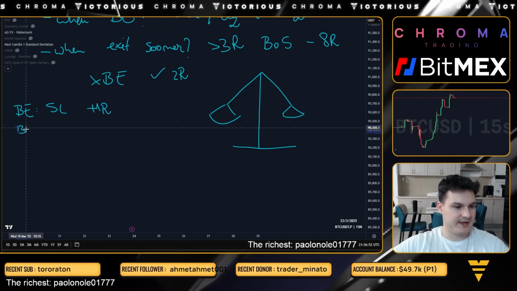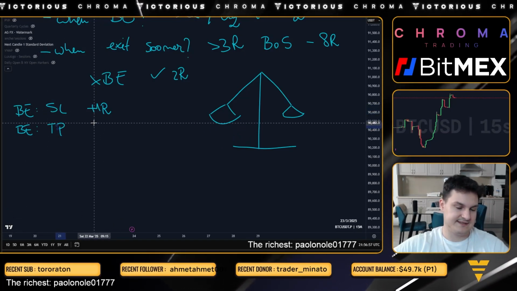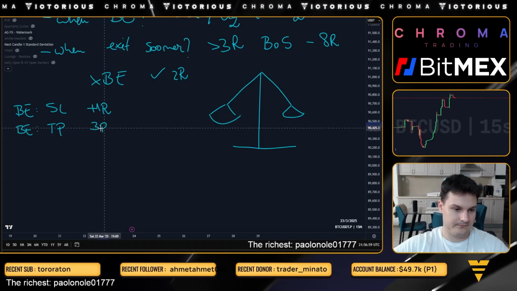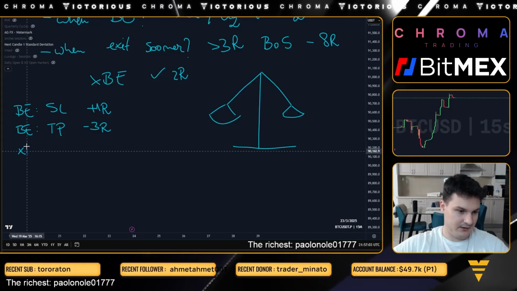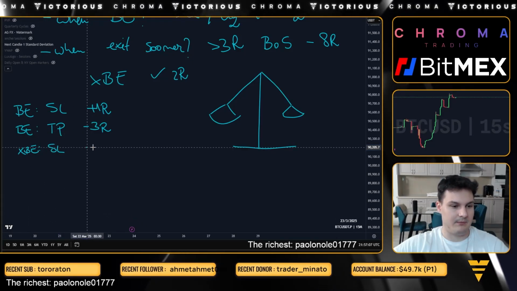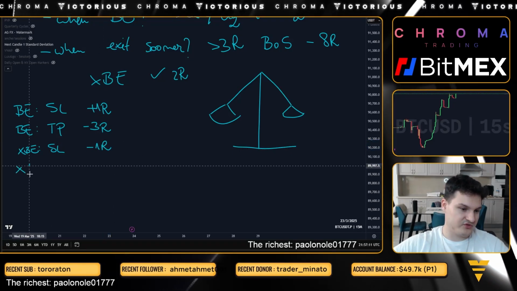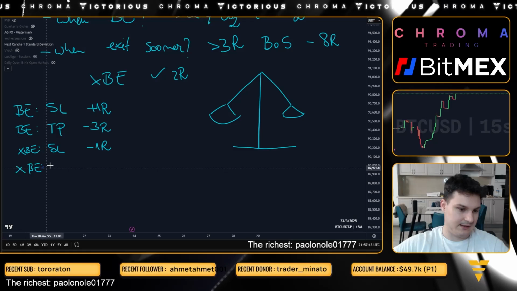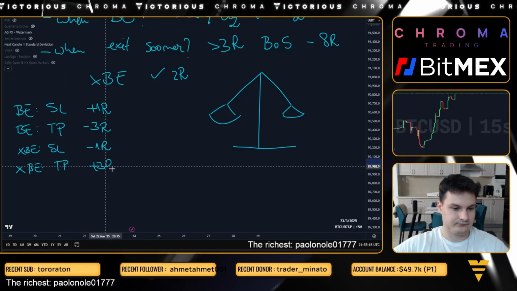You move stops break even, the trade would have gone to TP and you lose, let's say, 3 hours in UPNL. You don't move stops break even and it goes to stop loss, so you end up losing 1 hour in UPNL. Or you don't move stops break even and it ends up going to TP, in which case you would be up 3 hours.